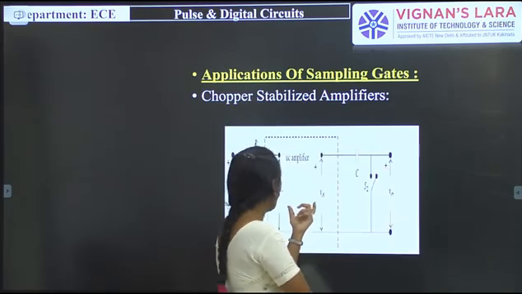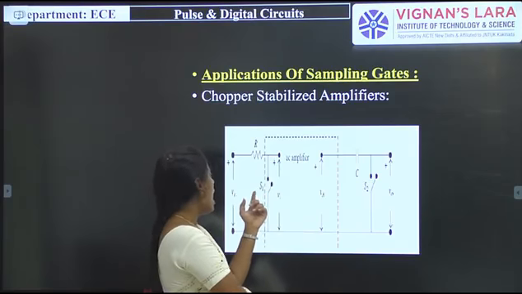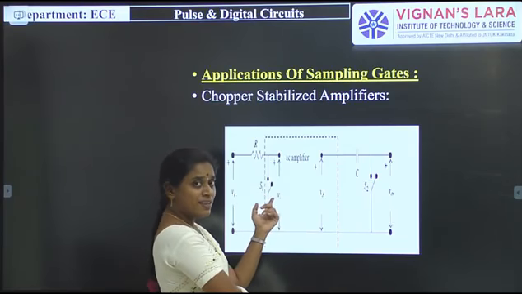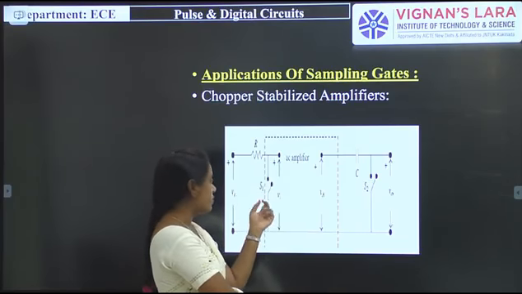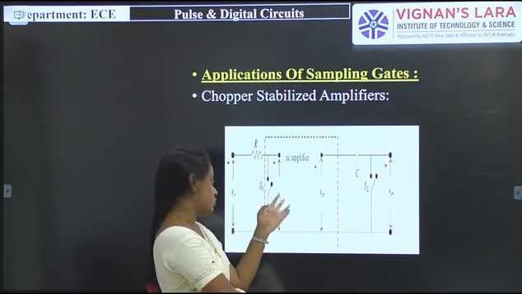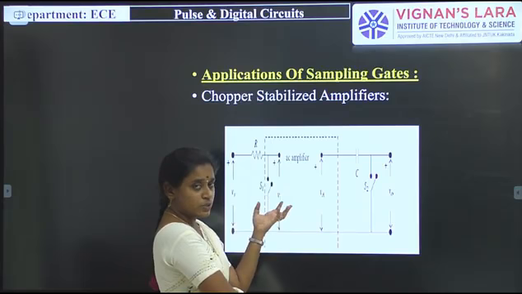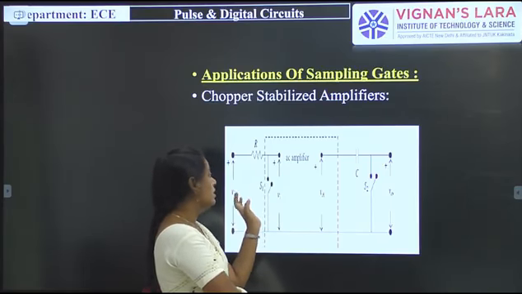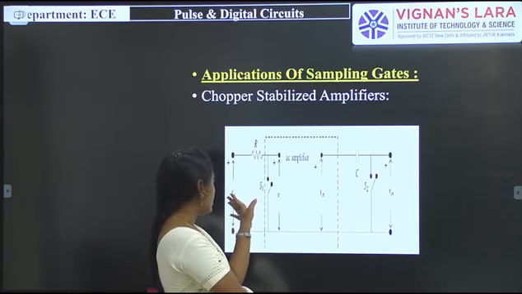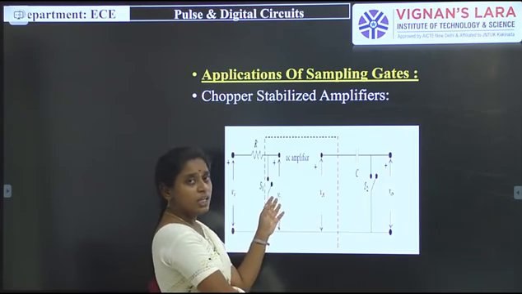Here is the chopper amplifier circuit consisting of a resistor and a capacitor, and the output depends upon the switch action, that is S1 and S2. Whenever the switch is open, that is S1 is equal to 0, the input signal Vs will be produced at the input side.